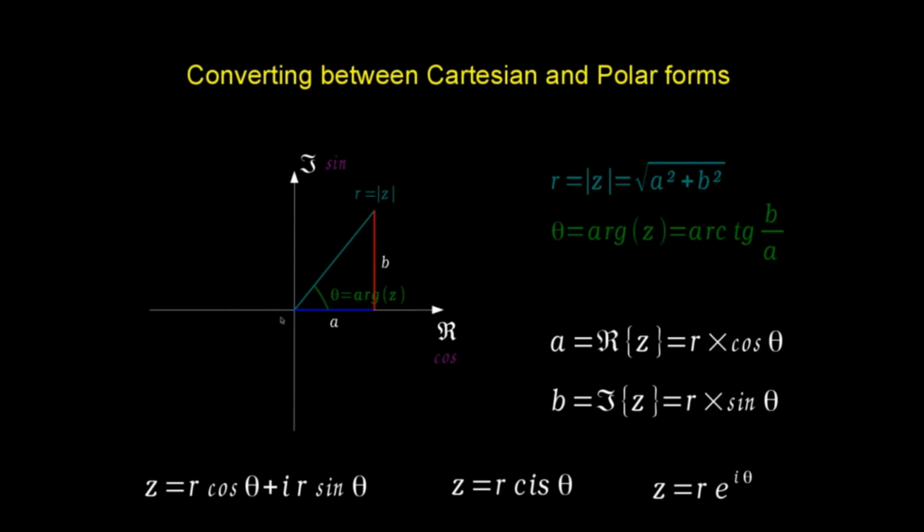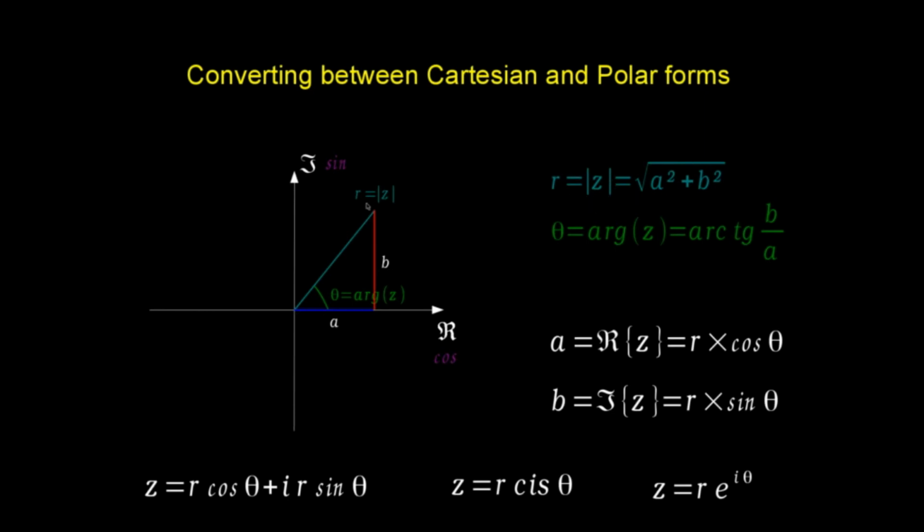A will be the adjacent side and b the opposite side. So, again remembering Pythagoras' theorem, the square of the hypotenuse will be equal to a square plus b square, which means that the hypotenuse will be the square root of a square plus b square. If you look here, this is exactly what we have to determine the modulus of our complex z.